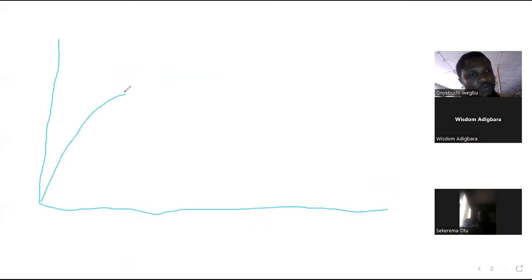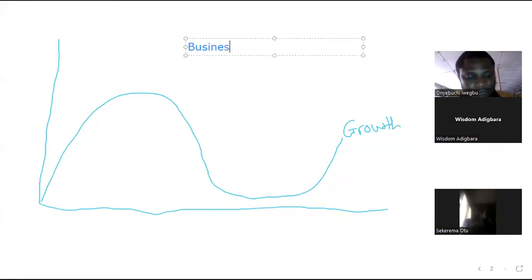That is what we call business cycle. Recovery, we have boom, we have recession, we have depression, and we have recovery. That's the business cycle. This is a great theory in macroeconomics. Very important, very critical in macroeconomics, business cycle.